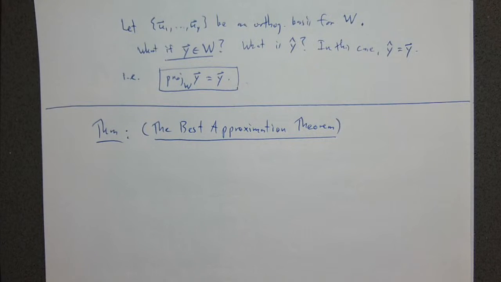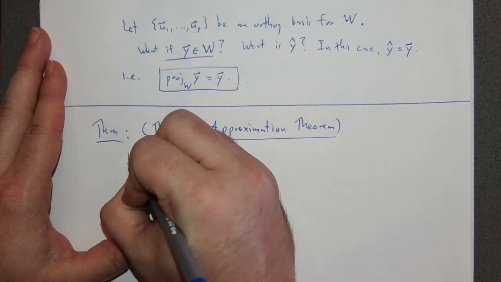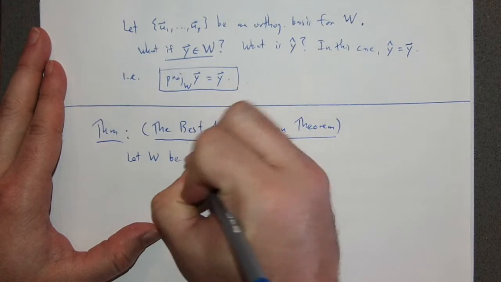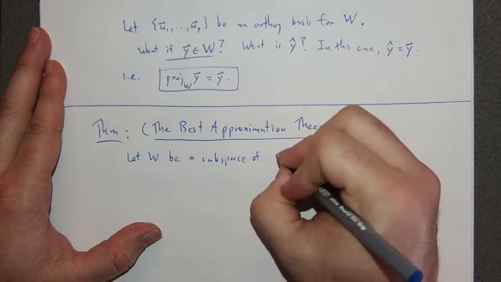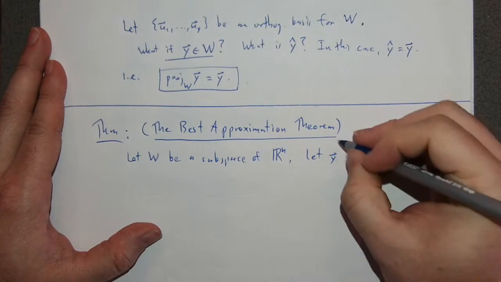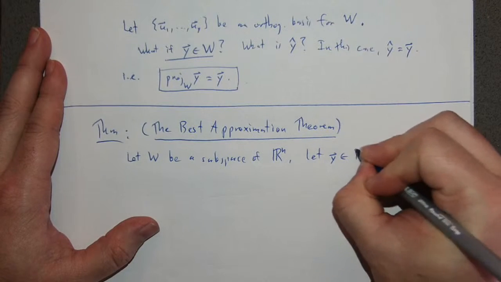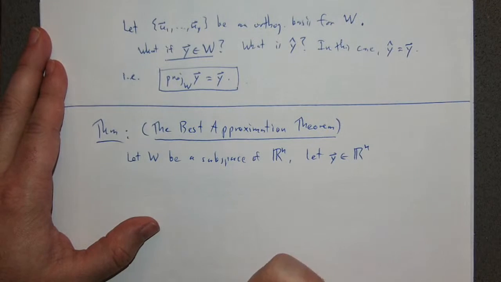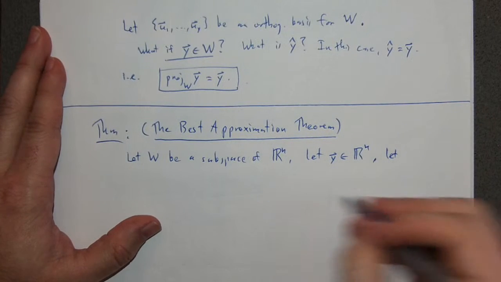So what does this say? Let W be a subspace of Rn. Let y be any vector in Rn. Let y hat be the orthogonal projection of y onto W.